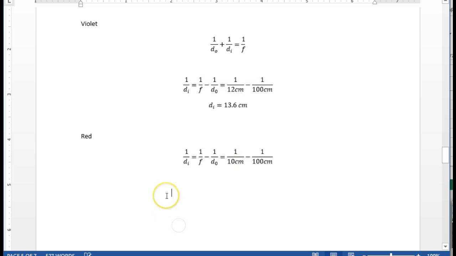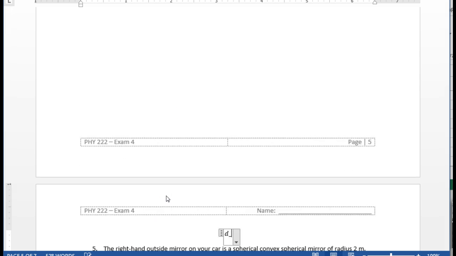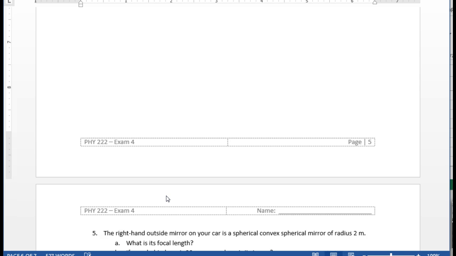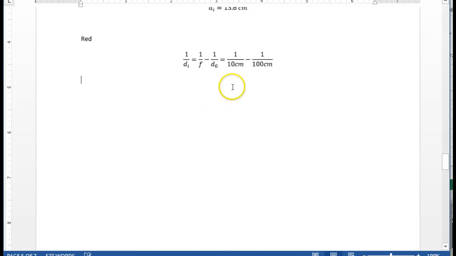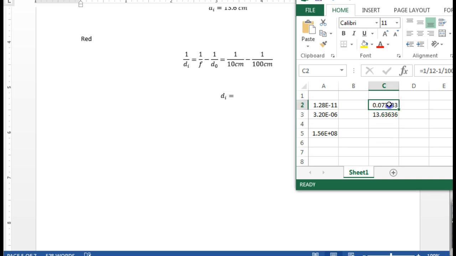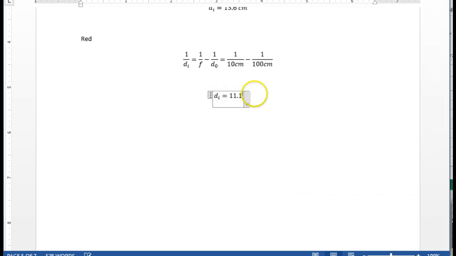So what does DI look like for a 10 centimeter focal length? All I'm going to do is go into this equation and change the 12 to 10, and we get 11.1 centimeters. 11.1 centimeters for red.